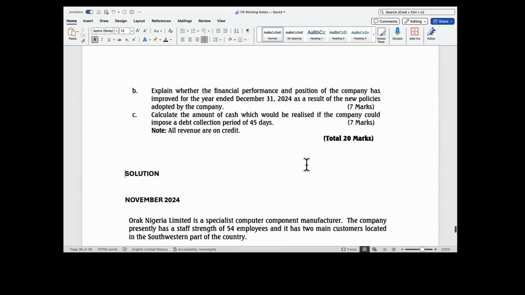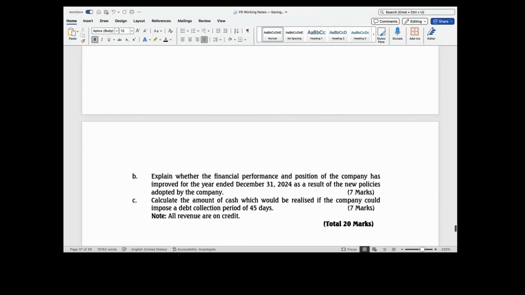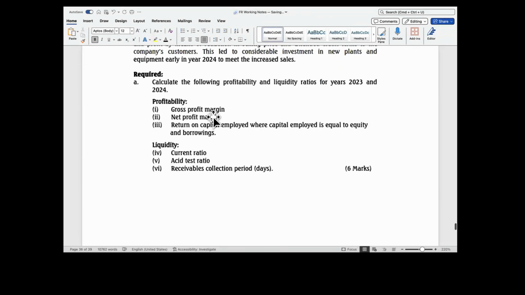Okay. So let's do the computation. Again, you can see that this diet now, they call this gross profit margin. In the other diets, they called it gross profit percentage. So whatever they call it, good to go.